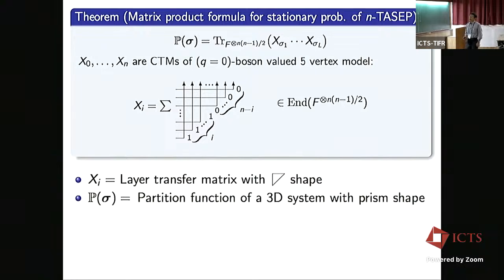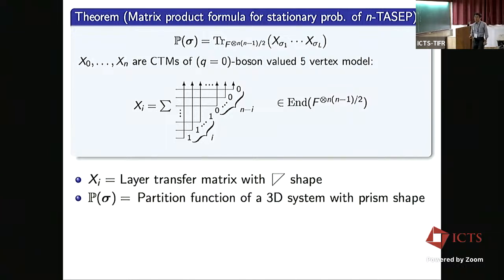So this X is a layer transfer matrix with triangular shape. It's a corner transfer matrix, but it's a layer transfer matrix. Layer, because they are operators acting perpendicular to the screen, according to this q=0 boson. So this P sigma acquires the interpretation of the partition function of the 3D system with prism shape. But this prism is again to be closed, since we are taking a trace.